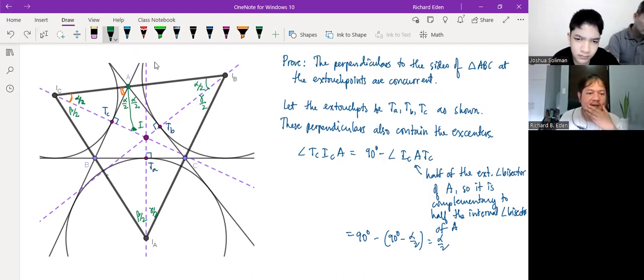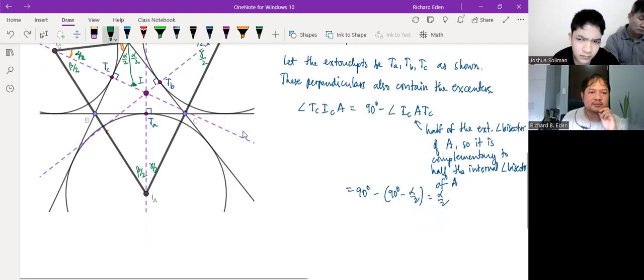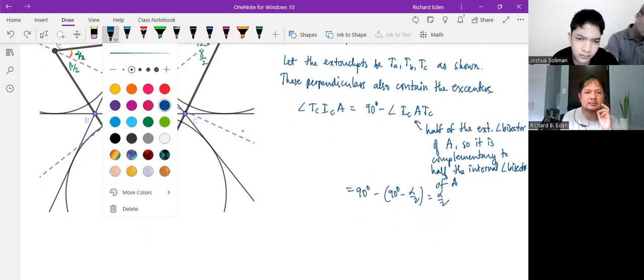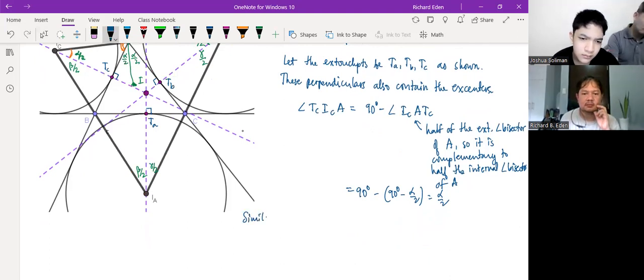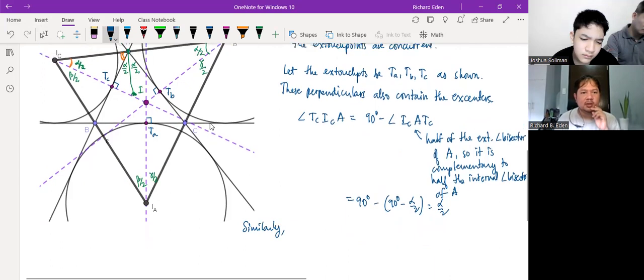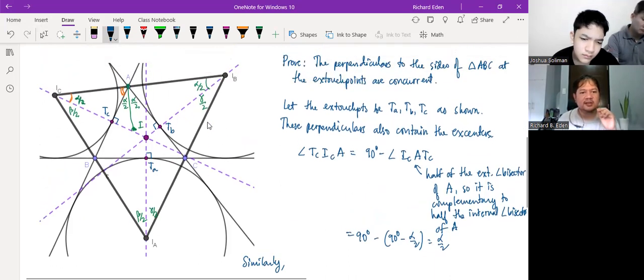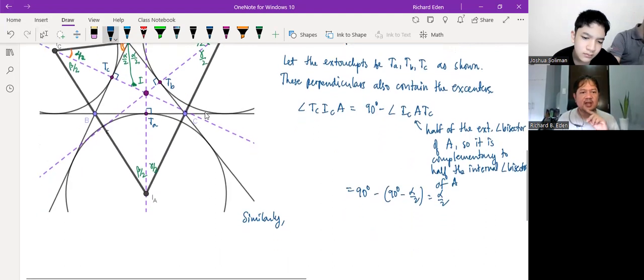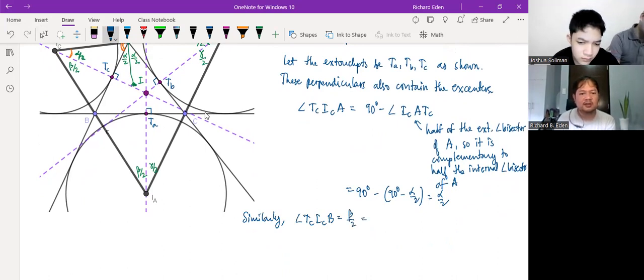Similarly, angle TC I C B equals beta over 2, and this is also angle TA I A B, and then gamma over 2.